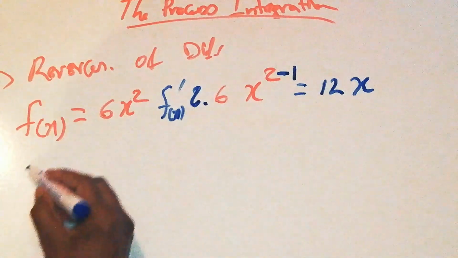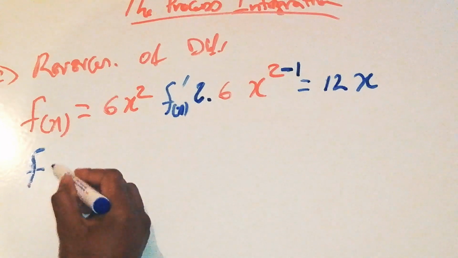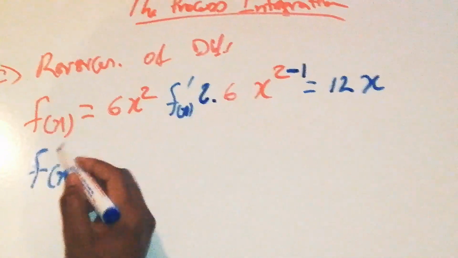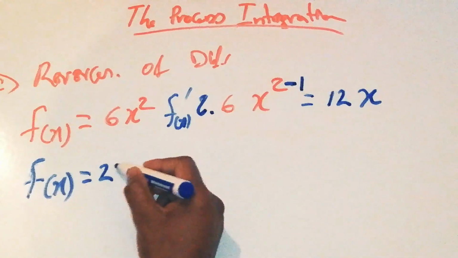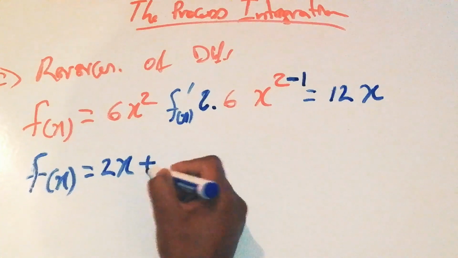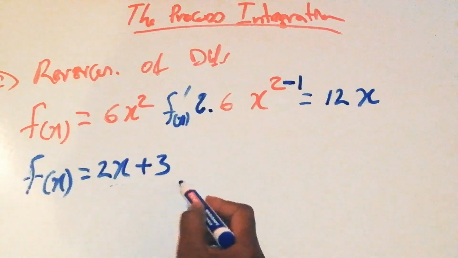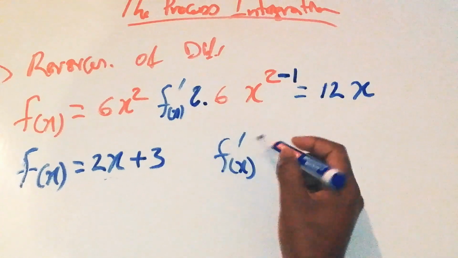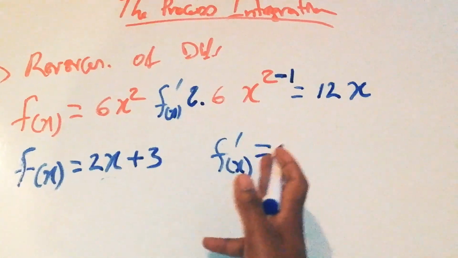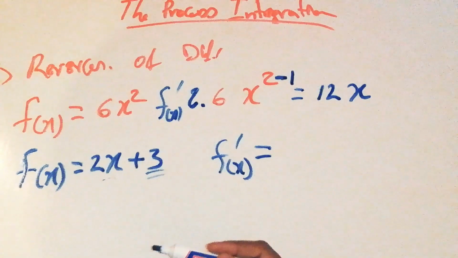And again, the primary function was 2x plus 3. If you want to find the differentiation of this one, in differentiation, the differentiation of a constant factor is 0.